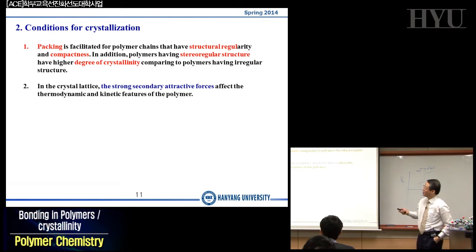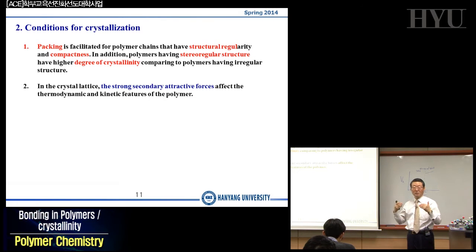And the packing is always influenced by the secondary bonding forces. If you have hydrogen bonding, if you have dipole-dipole interaction, then there's a lot of chance that your chains will become packed, will become regular. So it becomes much more crystalline.